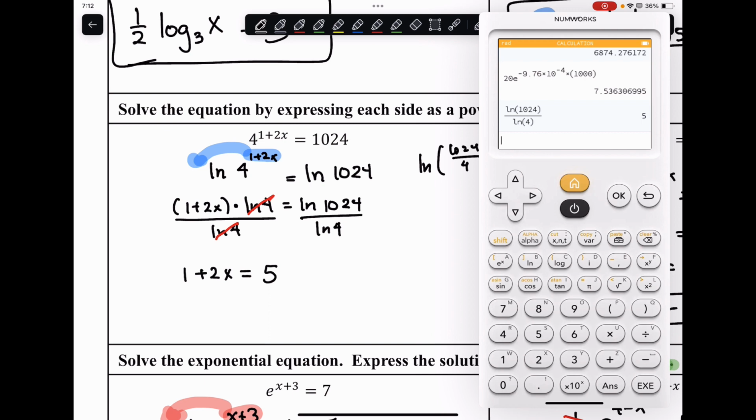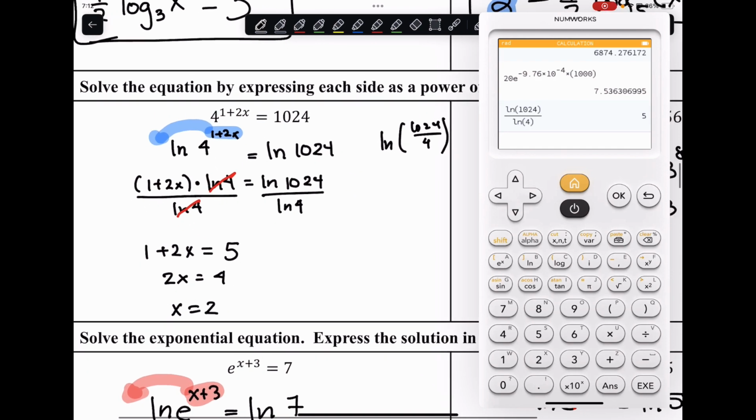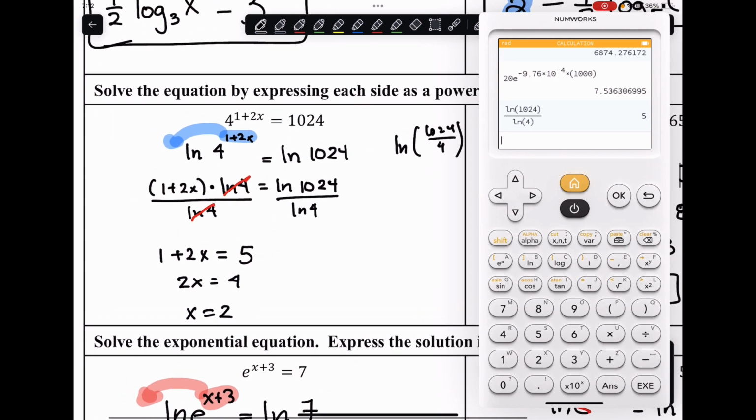So we subtract 1 from both sides. So 2x equals 4. We divide by the 2. And x equals 2. The same solution that we got the last time. So this is, again, like I said, an alternate technique. If for some reason you cannot determine what the base is, that will give me this to a base of 4.